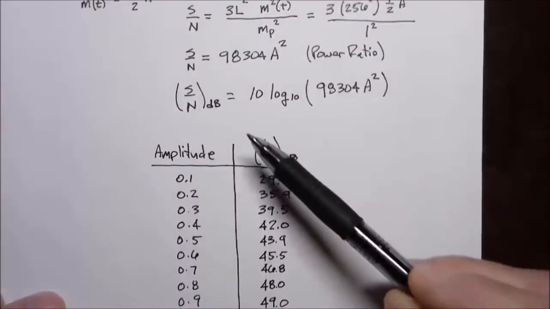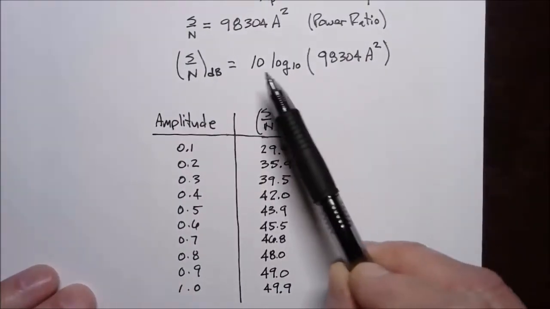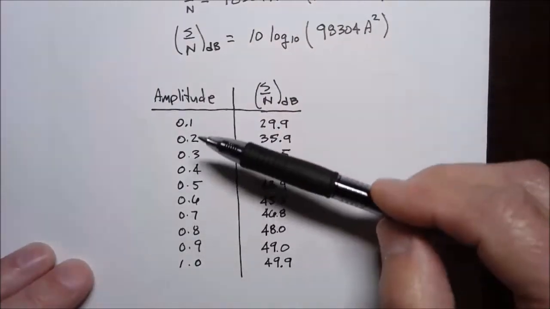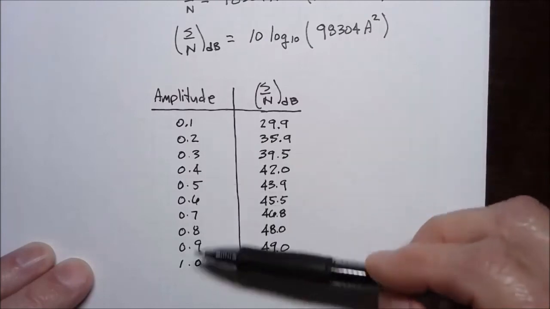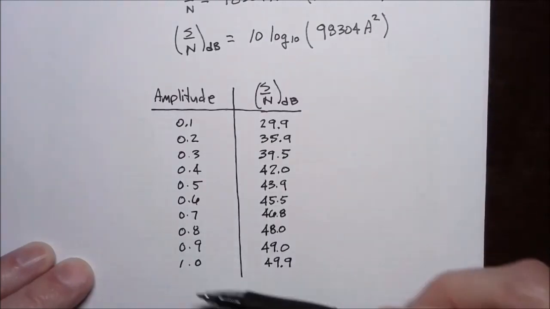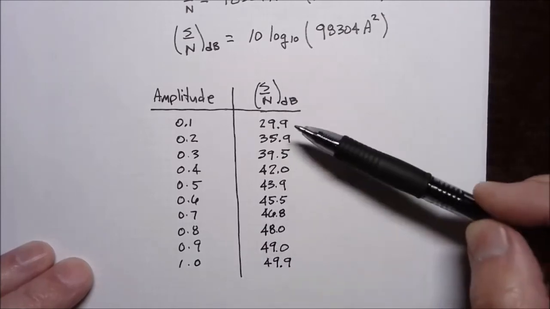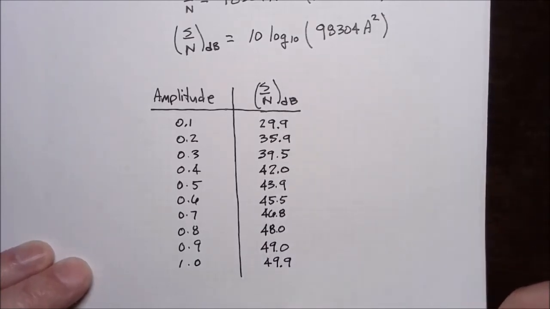We worked out that the signal to noise ratio is given by this equation related to the amplitude squared. So I made a chart of the amplitude for the message signal, small to large. 1.0 is the largest we can use with this particular quantizer. And here is the corresponding signal to noise ratio in decibels.